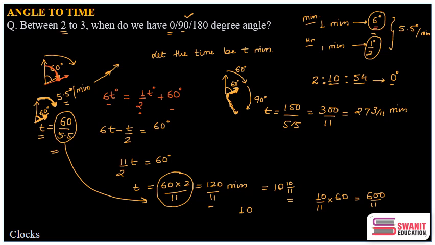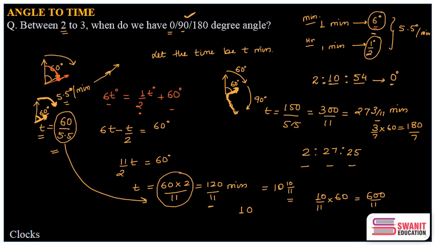And therefore my answer to this question will become 2 hours 27 minutes, and since it is 3 by 11, to convert it to seconds I'll multiply it with 60, which becomes 180 upon 7, which is 7 twos are 14, 4 zeros, 7 fives are 35. So at 2 hours 27 minutes and 25 seconds, we will achieve an angle of 90 degree.